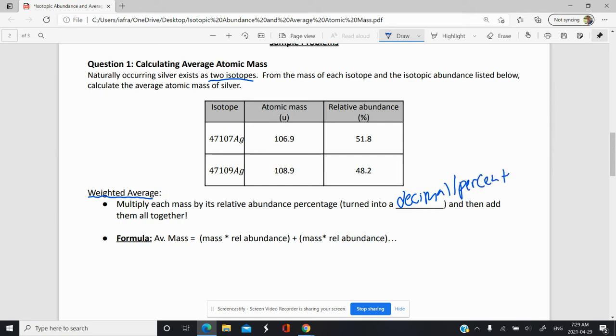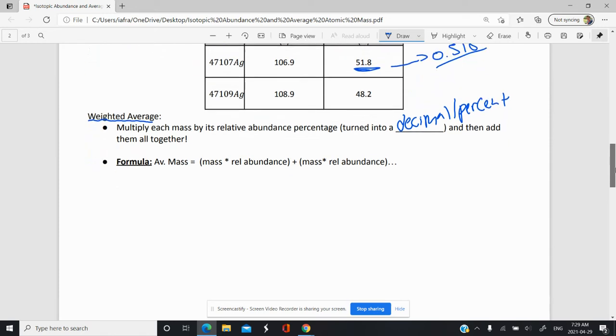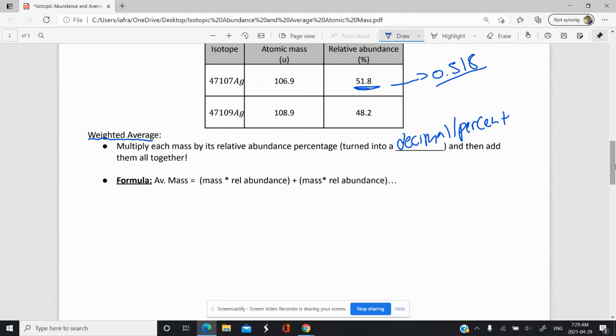So for example, if the isotopic abundance is 51.8%, you wouldn't put it as 51.8 in your calculation. You would put it instead as 0.518. So essentially it's that divided by 100. You want to write it down in decimal form as opposed to 51.8. So just keep that in mind. That's a common mistake students usually make.